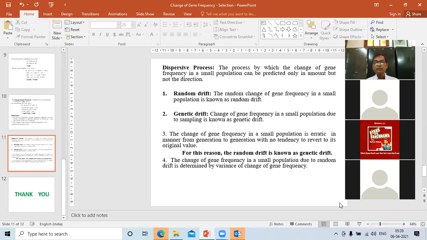Sigma square is the symbol of variance, where P0 and Q0 are the gene frequencies of A1 and A2 respectively in the base population, and N, capital N, is the total number of individuals in the population.